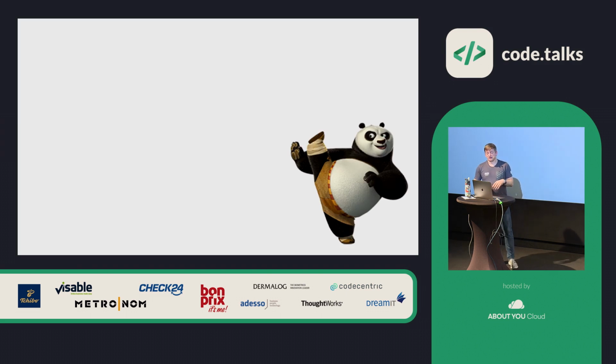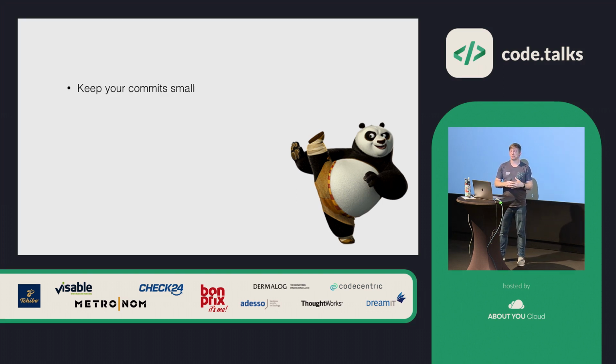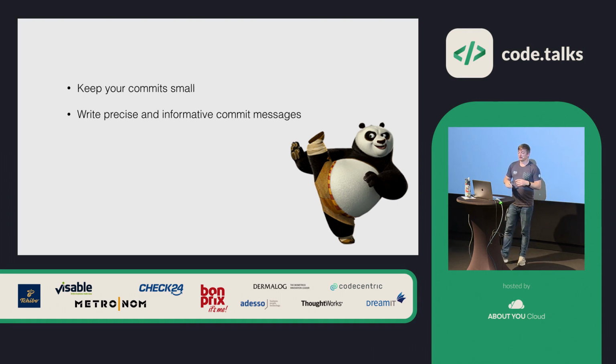So in the end, try to keep your commits as small and as useful as possible, and write precise and informative commit messages, because they make your life much easier to find problems, to identify issues, and all that stuff.